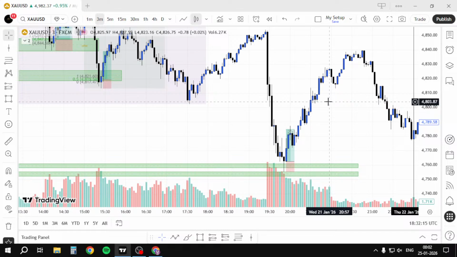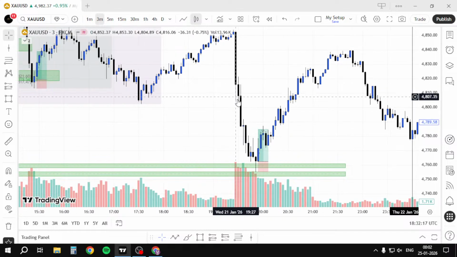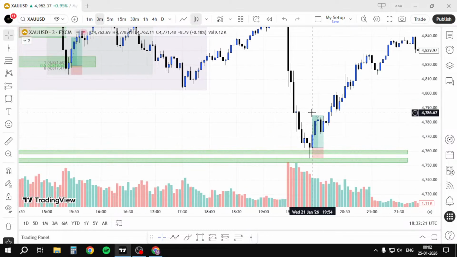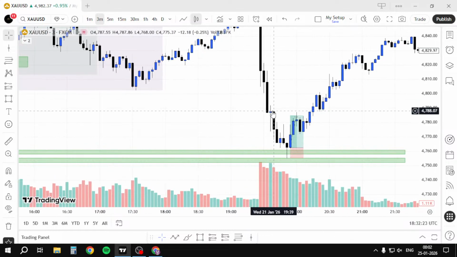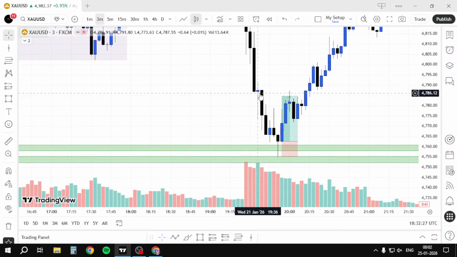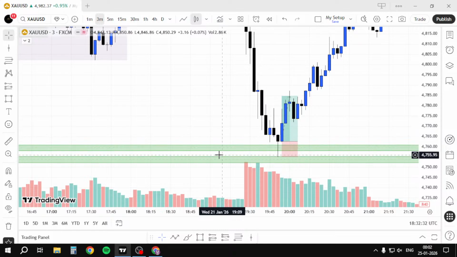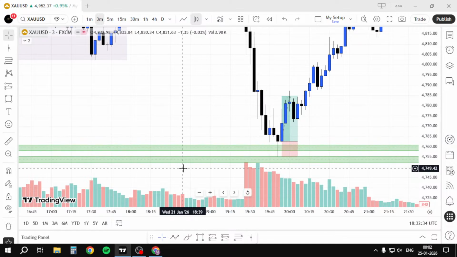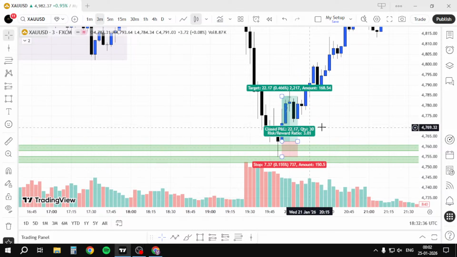Okay, now see, here is a weak one. Don't get trapped here. Okay. But I said you have to look for a bullish candle. No doubt this is a bullish candle, but do not wait.